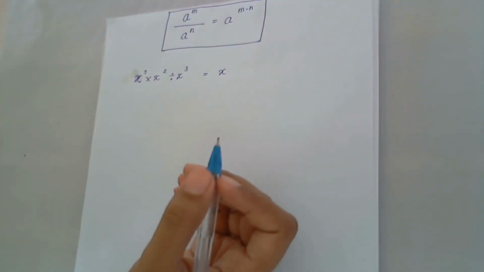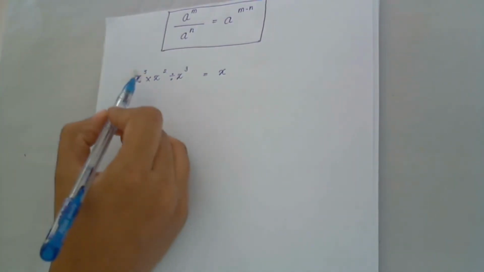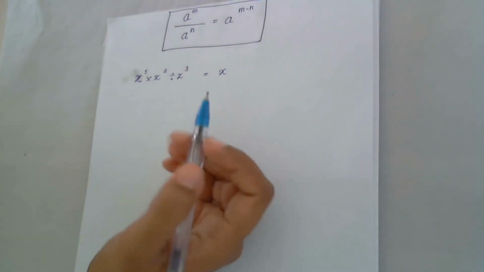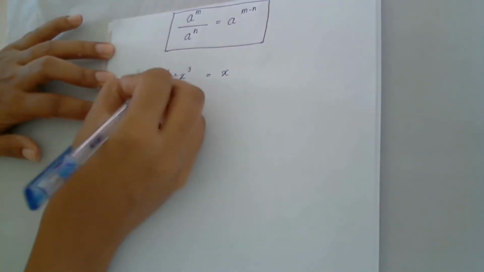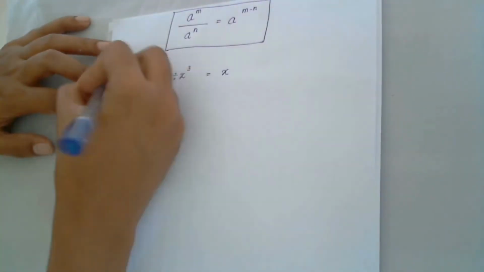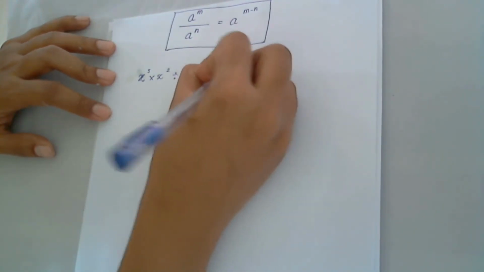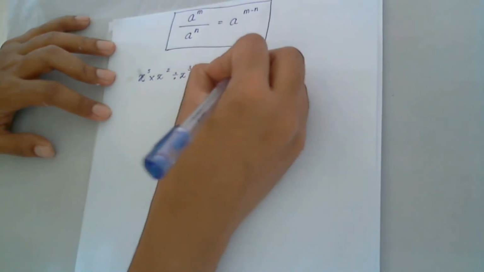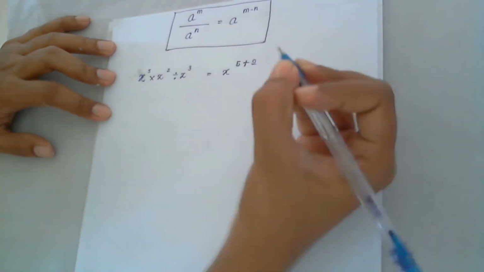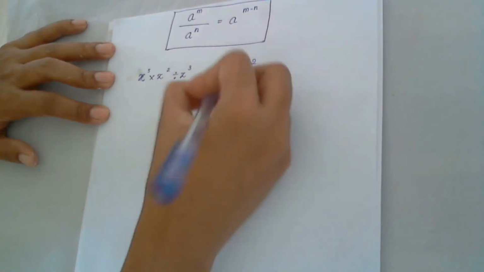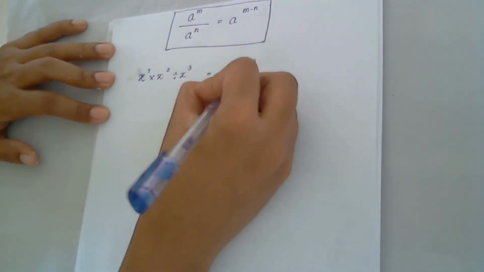Last day we discussed how to simplify the multiplication of powers. Here we have 5 and here we have 2. When you have a product, what you have to do is add. Then 5 plus 2, and division by x to the power 3.